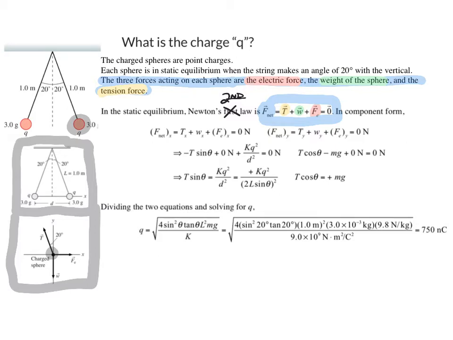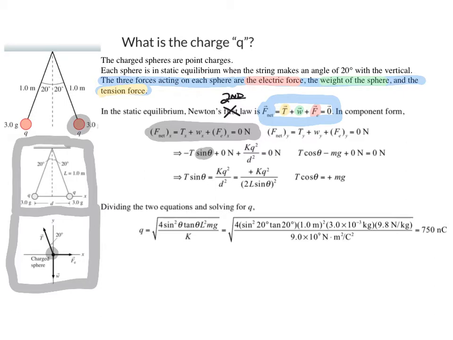So let's jump into the x forces here. Netting on the x forces, so minus T sine theta. Why is it a sine?